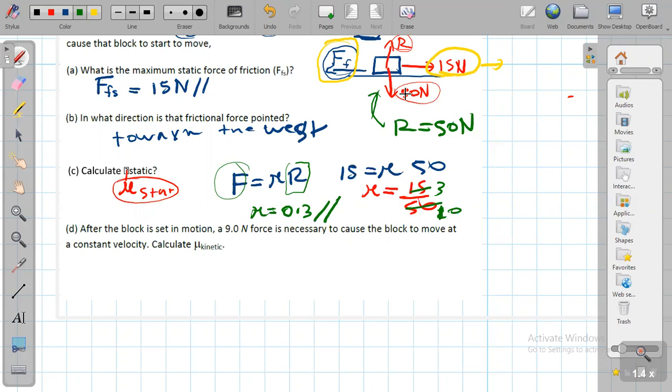That's great. After the block is set in motion, a 9 Newton force is necessary to cause the block to move at constant velocity. Calculate mu kinetic.